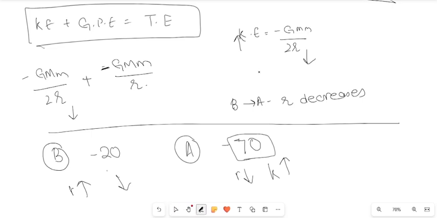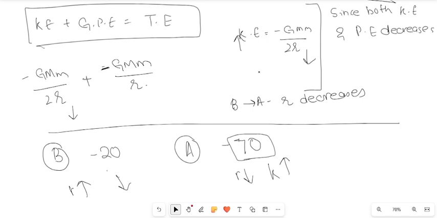So in this case, the answer to this is that both kinetic energy and potential energy decrease, because number one, the radius is decreasing. So when the radius is decreasing, as you can see, there is a negative sign in both of them. So whatever happens to radius, it happens to kinetic energy and gravitational energy as well.